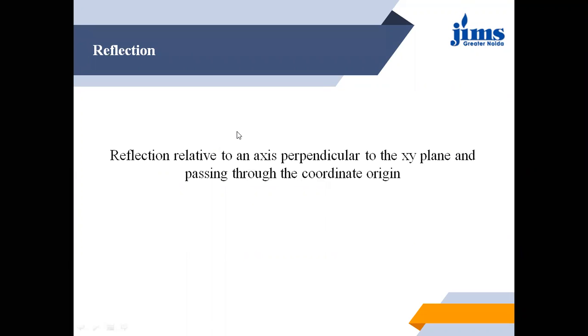Now reflection relative to an axis that is perpendicular to the xy plane. I told you here that there are also two possibilities. It can pass through the origin, or it can pass through a pivot element, that is P, where the value of P is, for example, x and y.